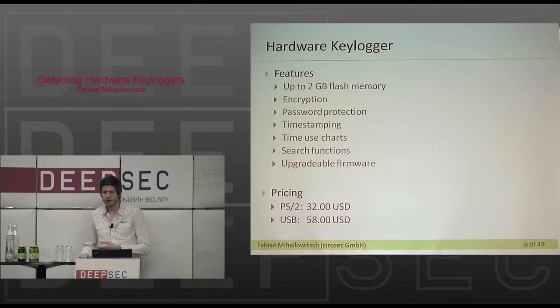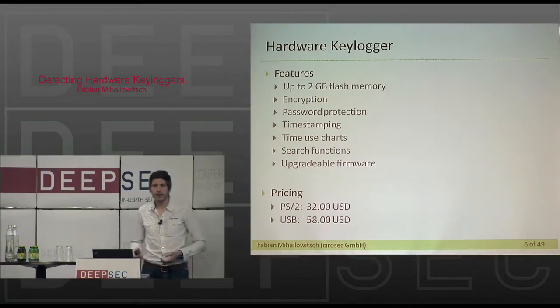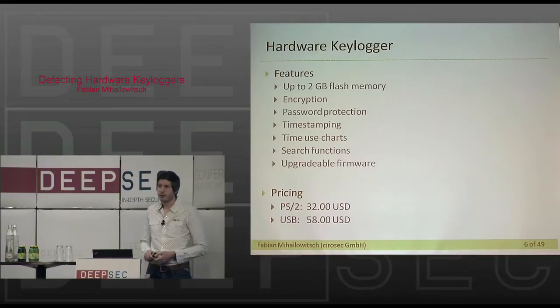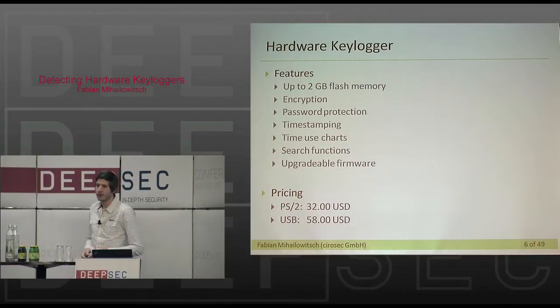They have search functions to search through the logs. You have models where you can upgrade the firmware, so it's quite complex. Those devices have plenty of functionality, but they are quite cheap. They start at 32 US dollars for PS2 and about 58 US dollars for USB, so quite cheap.